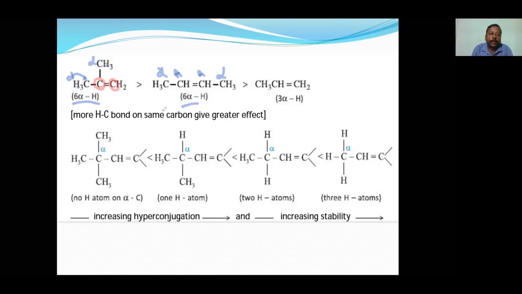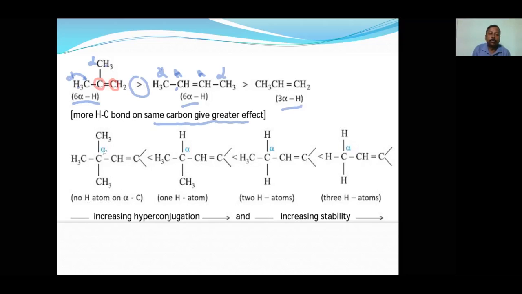Then, more carbon-hydrogen bonds on the same carbon, greater the effect. Here this carbon is having 6 alpha hydrogens, but here 3 alpha hydrogens, so this will be more stable. This principle is applicable only when both of them have the same number of alpha hydrogens. Then here it will have 3 alpha hydrogens, obviously less. Now the next one, no alpha hydrogen atom.